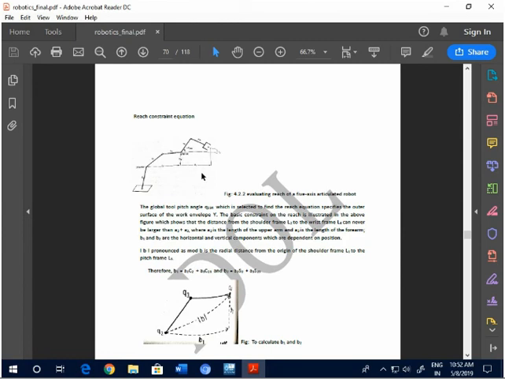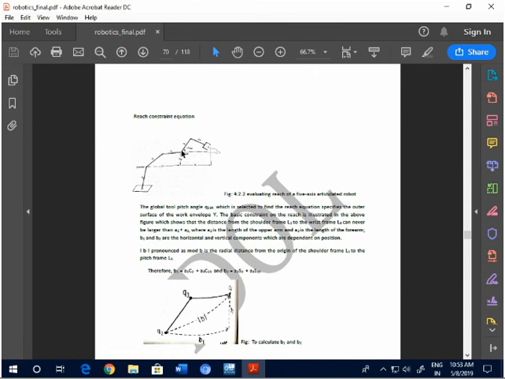So when B1 is 0, B2 will be equal to A2 plus A3. I'm repeating it. When B1 is equal to 0, your B2 will be equal to A2 plus A3. So horizontal components are based on two links, that is A2 and A3.